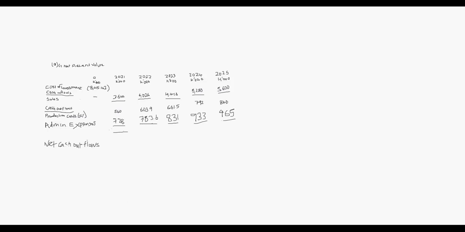Okay. That's right properly here. Leave enough space for year 0. So this line is net cash flows.